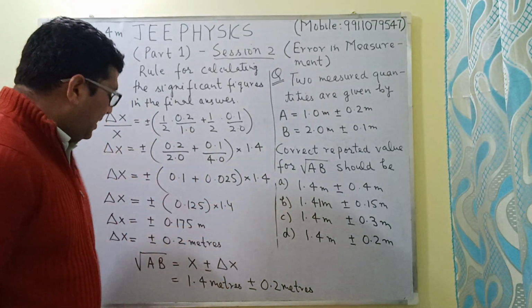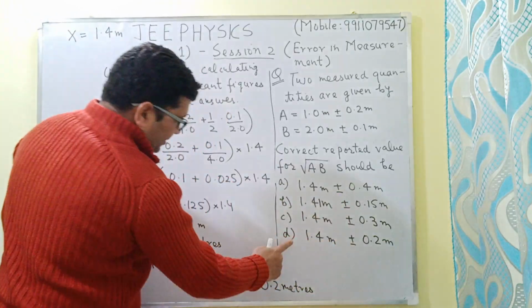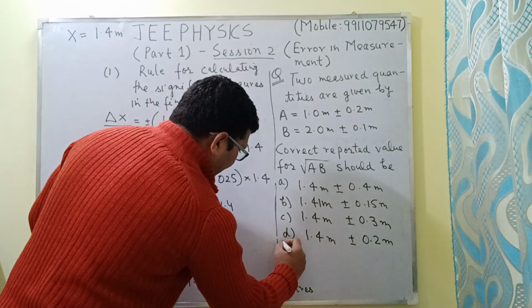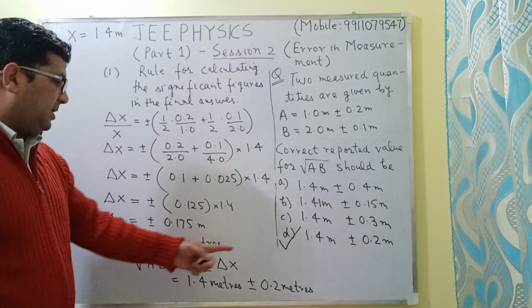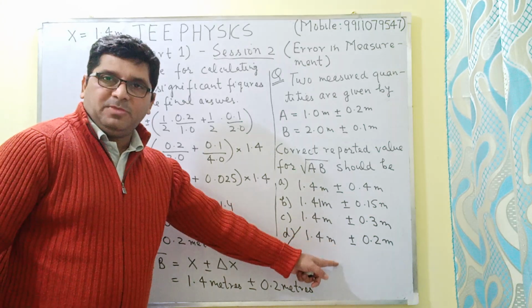So the correct answer is option D, that is 1.4 meter plus minus 0.2 meters.